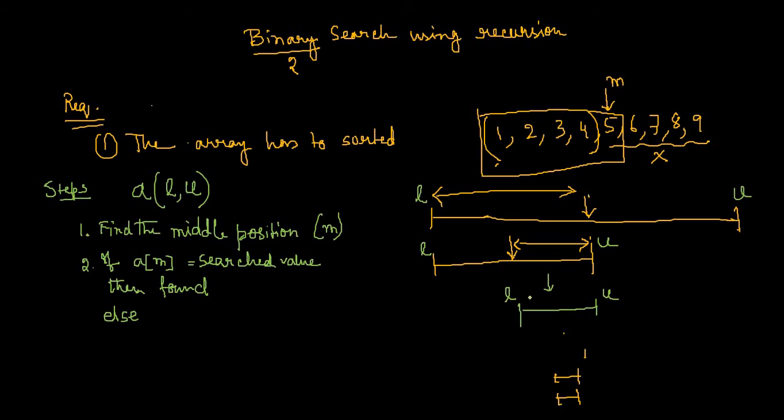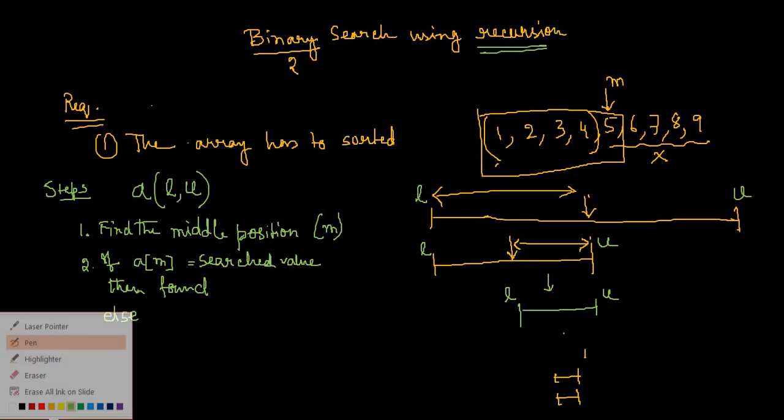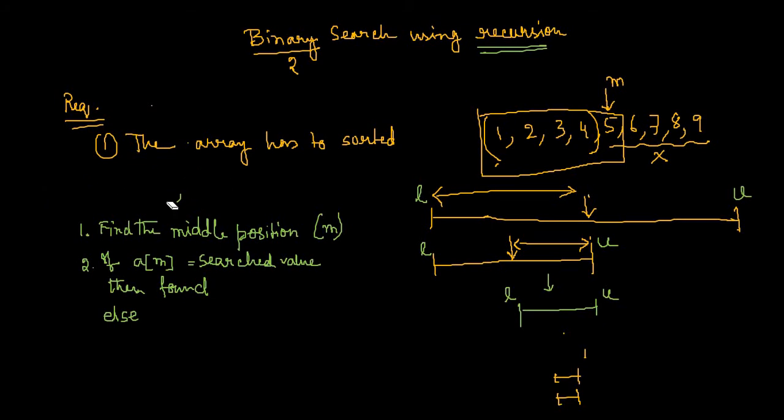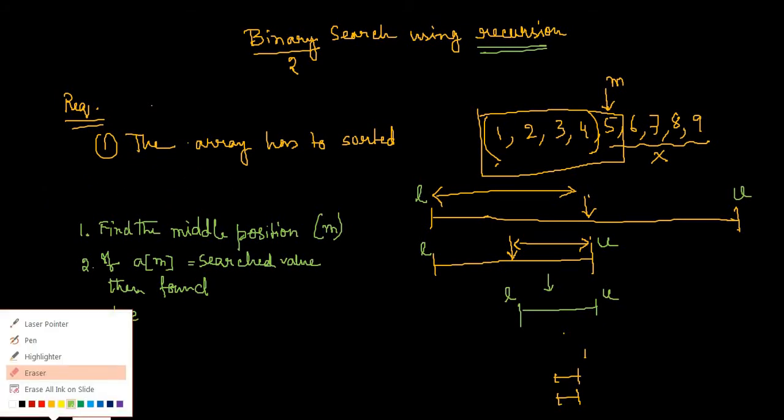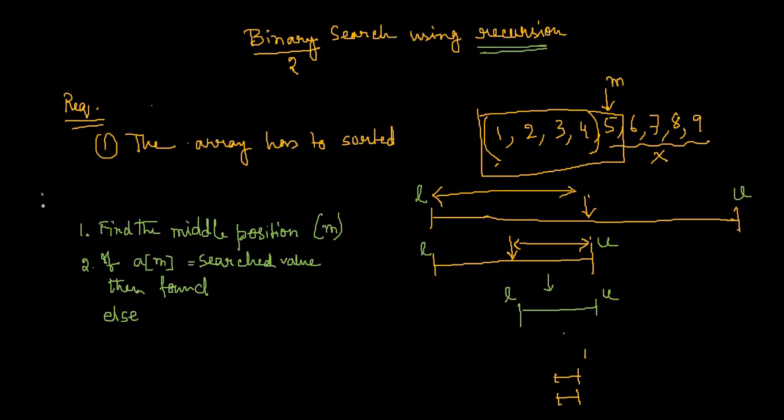Now to do this, since I have to use recursion, I can call the same function where I am writing these steps. For example, suppose the name of the function is B search, with this A, L and U. These are very important, right? So I can call this B search algorithm again from here.